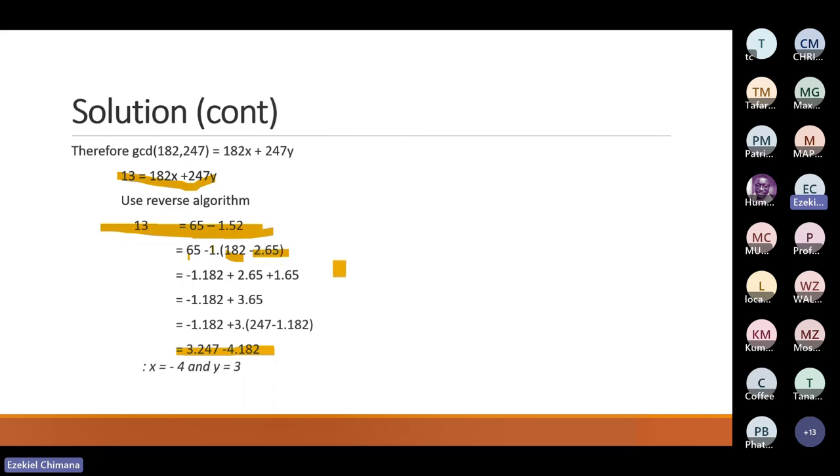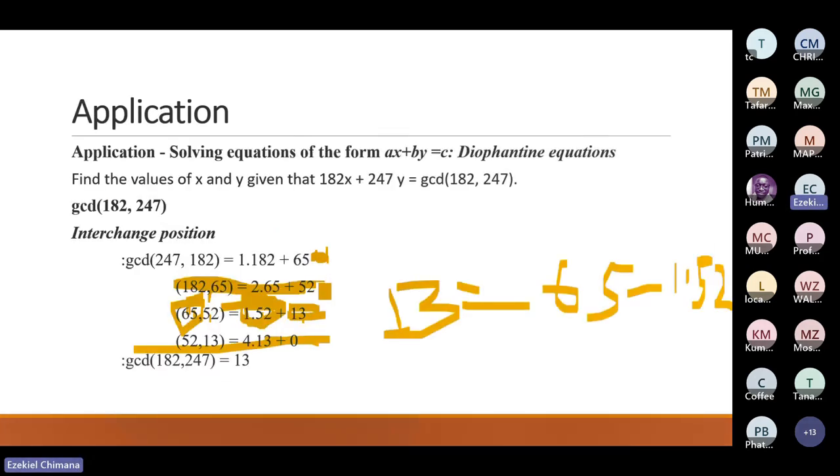Where is this coming from? It is coming from this statement. We are now making this 52, this remainder, the subject of formula. And then we replace this 52 with the value that we get here.